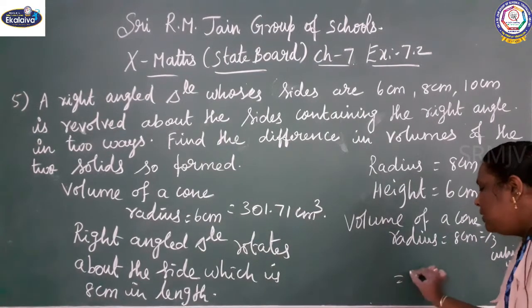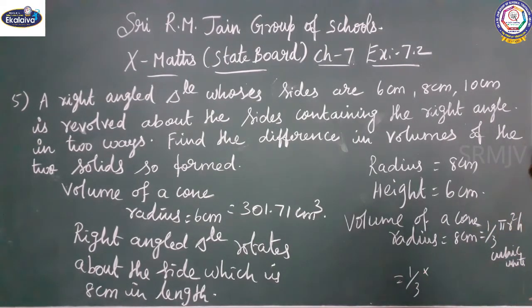So it gives 1 by 3 into 22 by 7 into, what is the radius? 8 square, into h, which is 6. Height equal to 6.